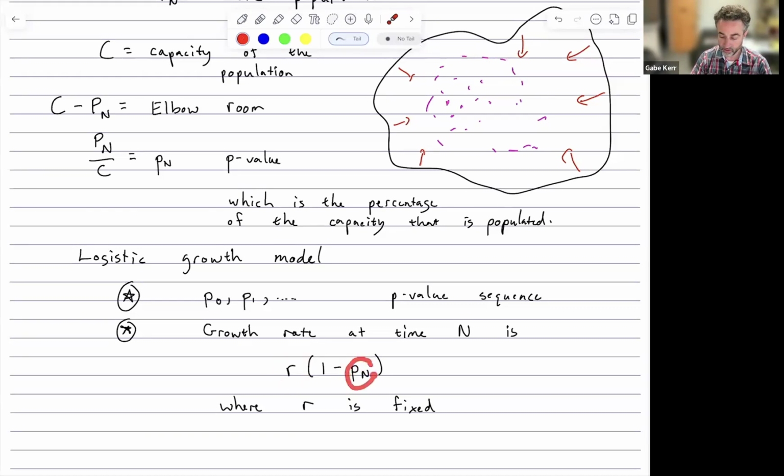However, if your p-value is close to 1, that means the percentage of the capacity that is populated is almost 100%. So if this is very close to 1, then 1 minus p is very close to 0, which means your growth rate is very close to 0, meaning you're shrinking. There are too many of your species, you're almost at capacity, and your population starts to shrink.